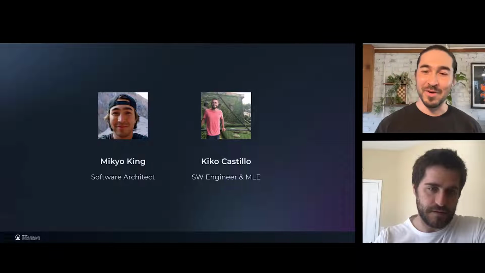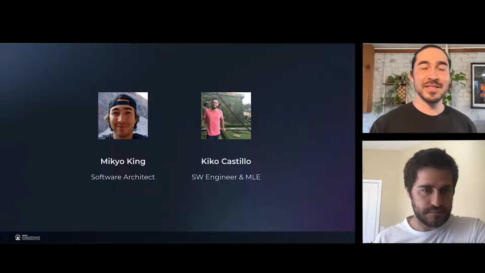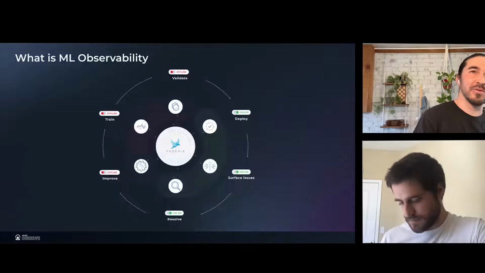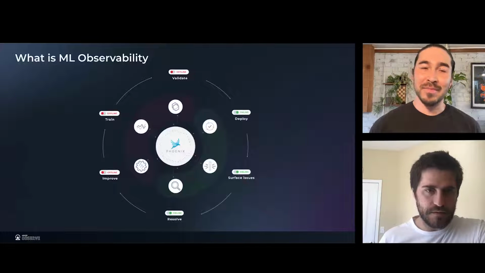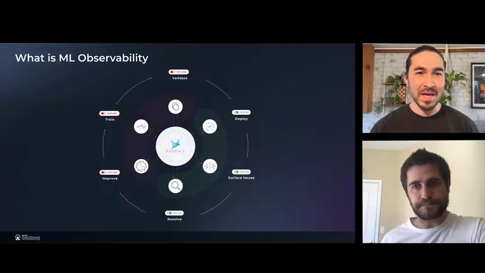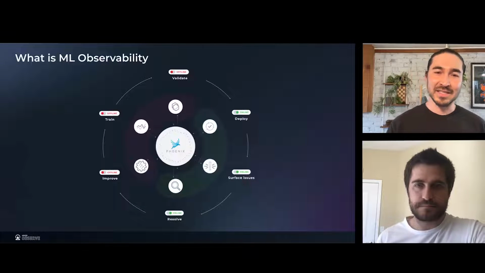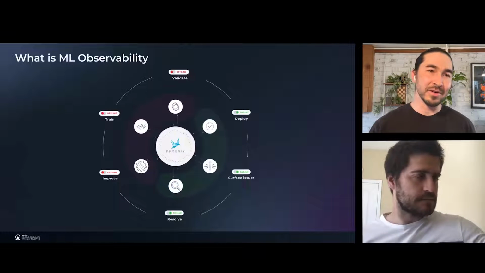Cool. All right. Well, we're very excited to show you what we have today. But first, let's reset the stage and talk about what is ML observability. It might be common for people to know about how to deploy models and how to monitor them. But machine learning observability is not simply the process of deploying your models and monitoring how they're doing in production.